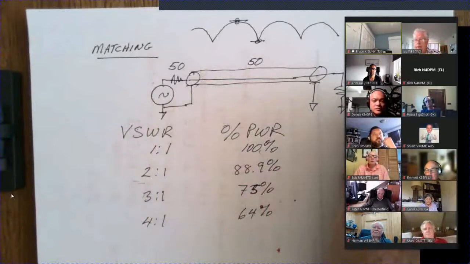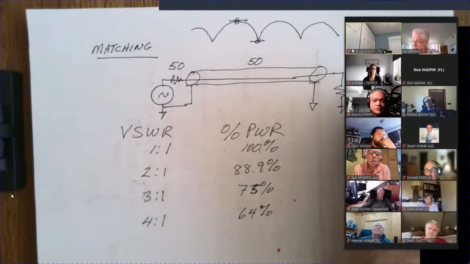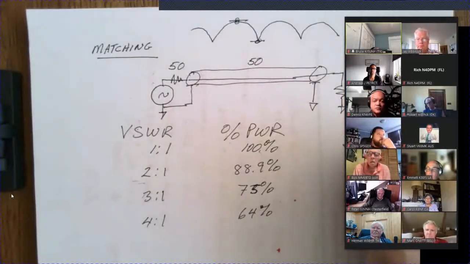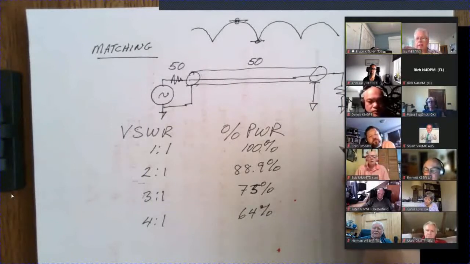If I used a 4-to-1 balun, I would be matching the cable. A balun, by the way, is a form of transformer. A 1-to-1 balun basically has the characteristic where the input impedance is the same as the load.